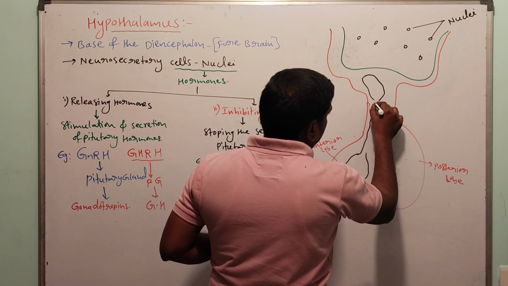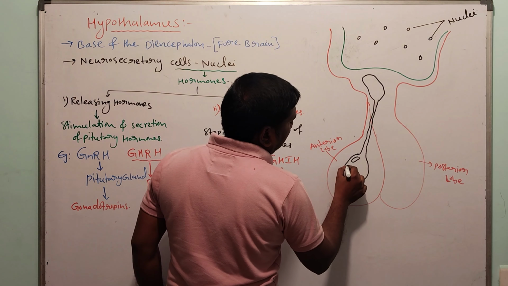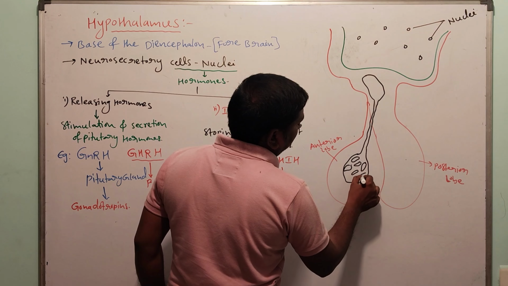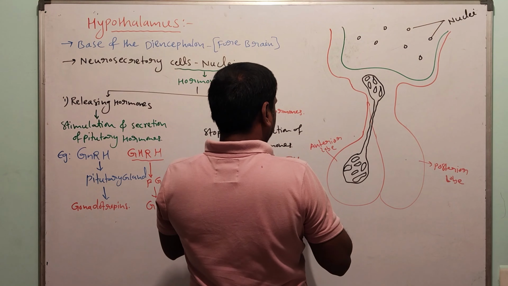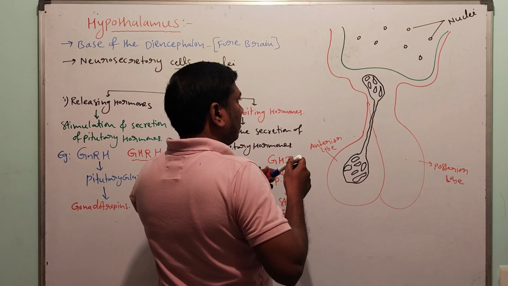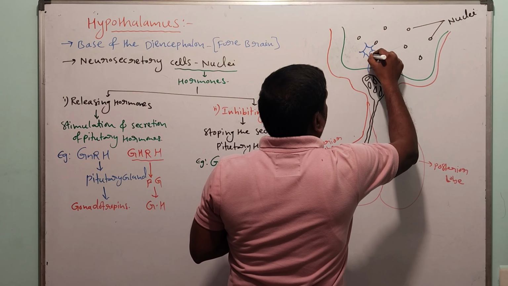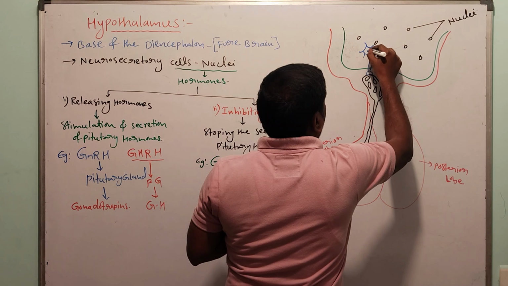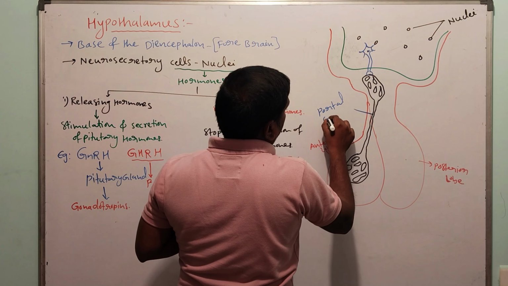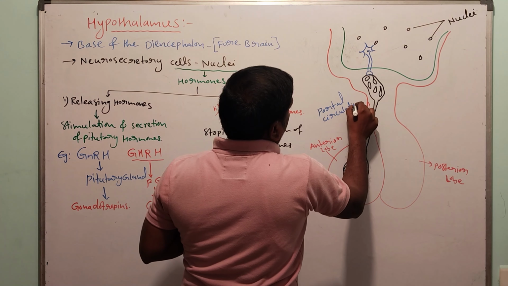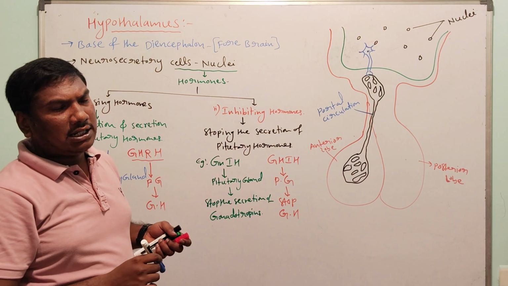Portal circulation means the blood vessels start with capillaries and also end with capillaries. Through the portal circulatory system, the hypothalamic hormones reach the anterior pituitary.